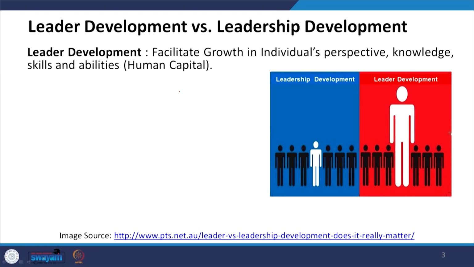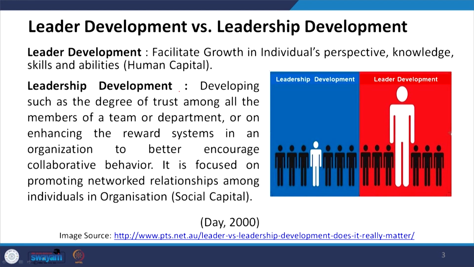Now, here you see leadership development and leader development, and you can find that leadership development is becoming much bigger as compared to leader development. Individuals' knowledge, skills and abilities, human capital KSA, are very important. Leadership development is about developing a degree of trust among all the members of a team or department, or enhancing the reward system in an organization to better encourage collaborative behavior.